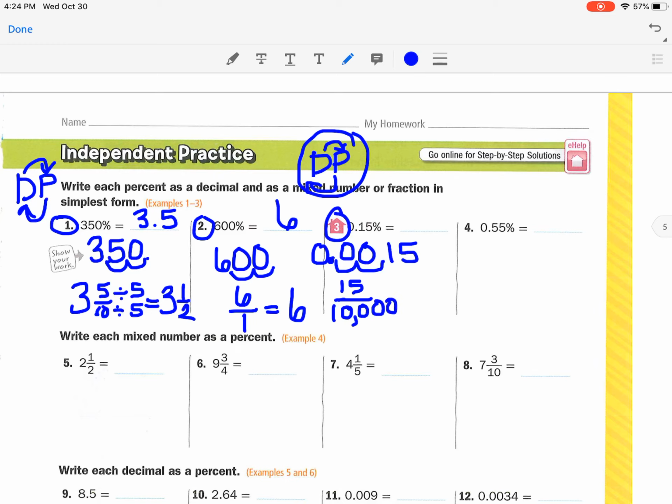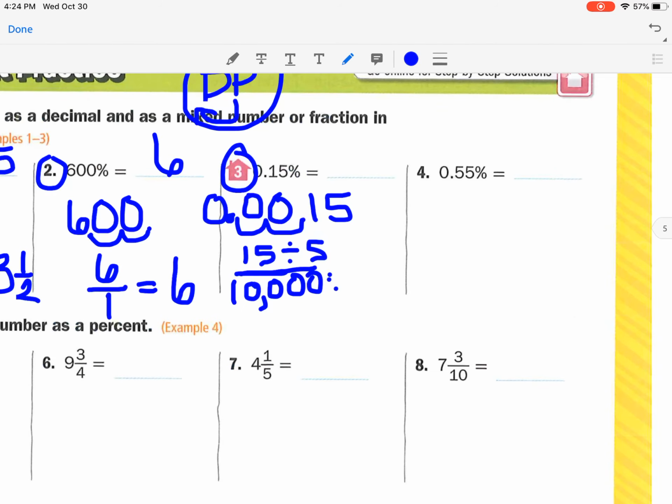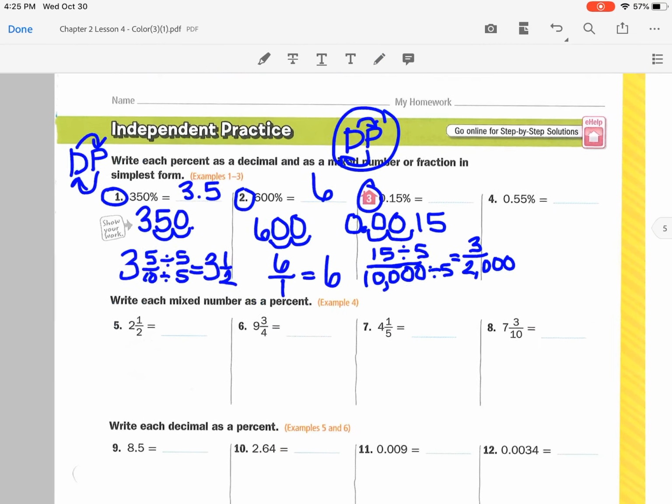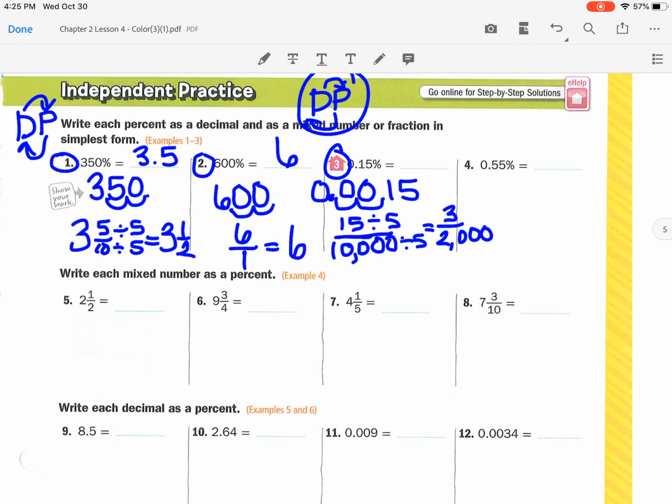I'm just going to write that exactly like I said it as a fraction. When I look at this, I know that I can divide each of these by 5, and when I divide each of them by 5, I end up getting 3, and then 10,000 divided by 5 gives me 2,000. Okay, so there's my answers for those.